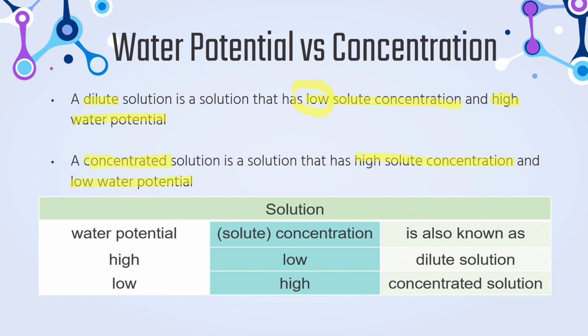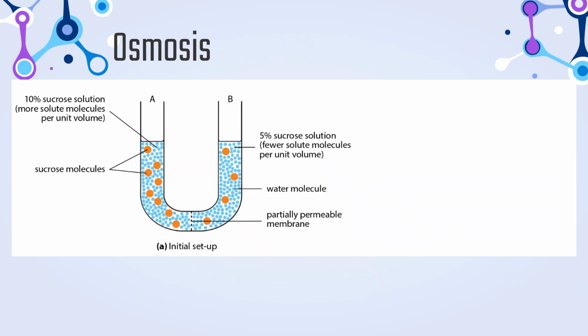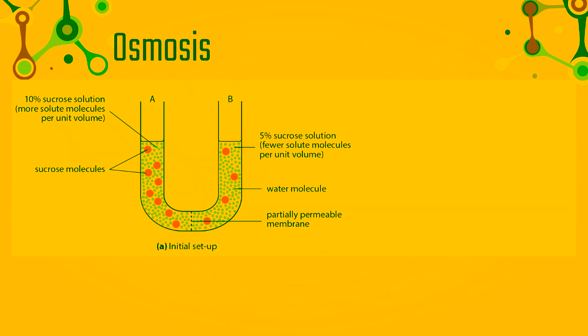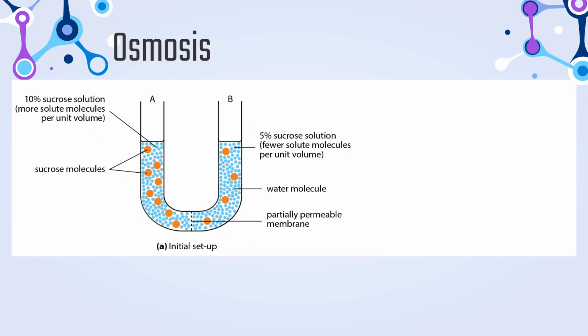This table over here will tell you the difference, but it is generally what I'm trying to describe to you. It's a bit confusing, so when you write, please be careful with how you use the words concentration and water potential. They are opposite. So let's use an example of a situation.